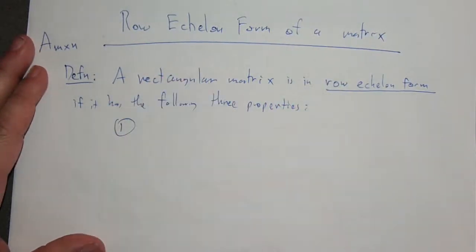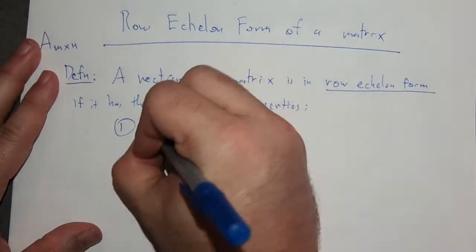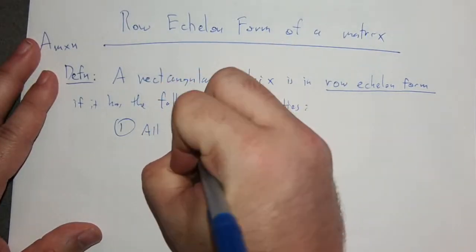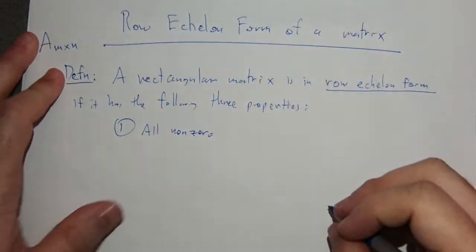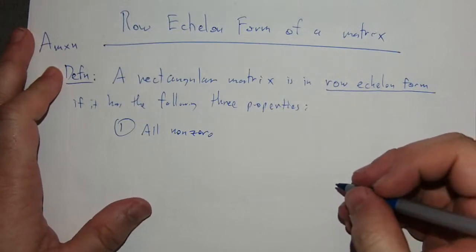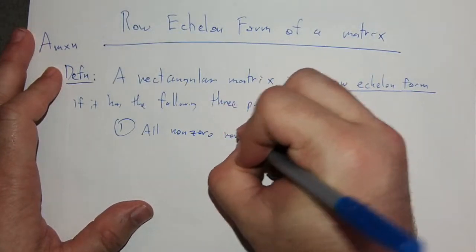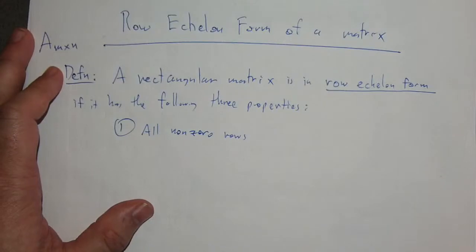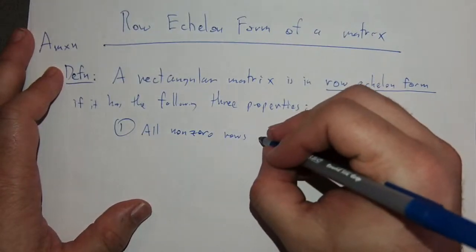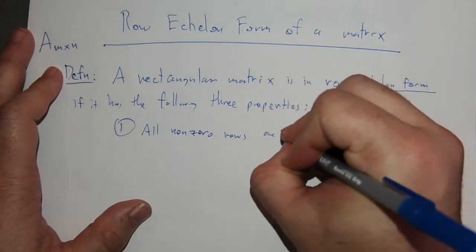First property: all non-zero rows are above any rows of all zeros. A non-zero row is a row that has at least one non-zero entry.